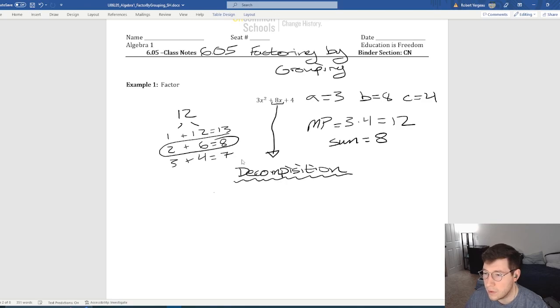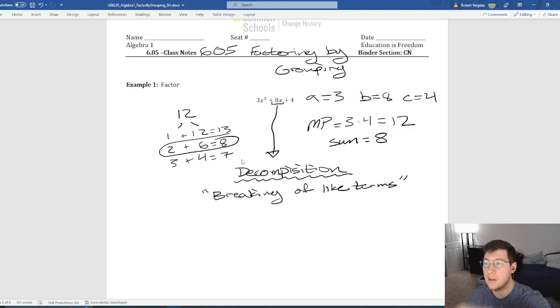And that is the breaking of like terms. And so if we think about when we were multiplying two binomials, we always had that step of combining those middle two terms. Decomposition is the opposite of that.